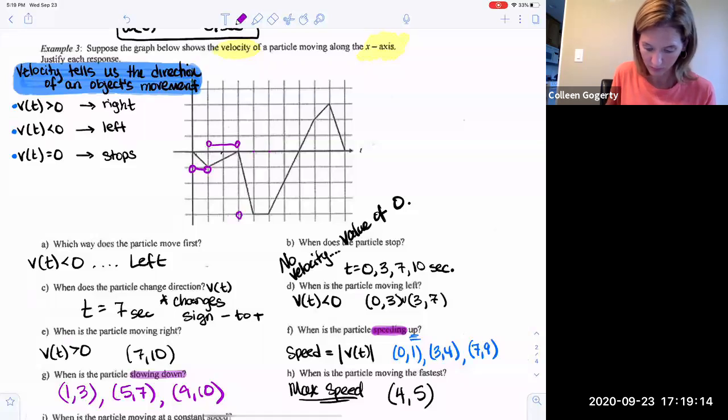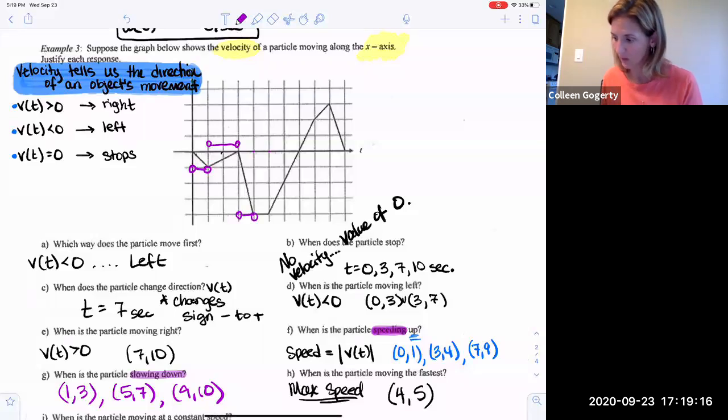Keep on going, and now I'm looking at this area. What's the slope of that? 0. Now we've got a bigger area. If I'm looking at this line, what is the slope of that? We've got a change of 1, 2, 3, 4, 5, 6.